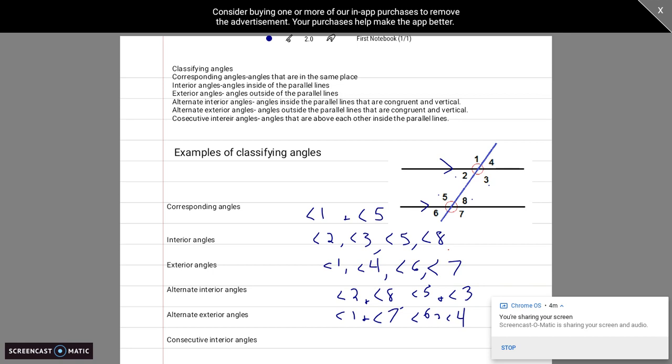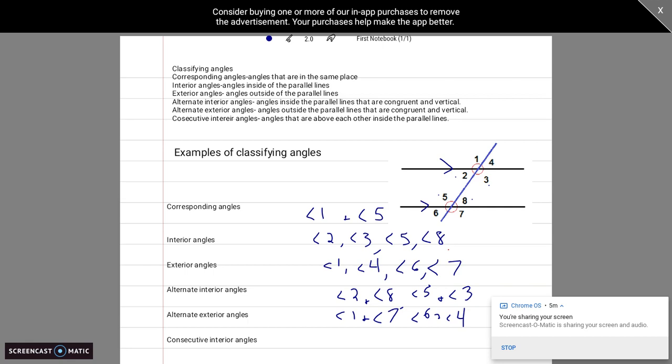Some really cool things about consecutive interior angles is that they're supplementary, which means they add up to 180. Because of this type of diagram, with only two angle measurements, you just have to look at one side of the transversal, I mean the blue line, and look at the angles that are on the inside on that same side.